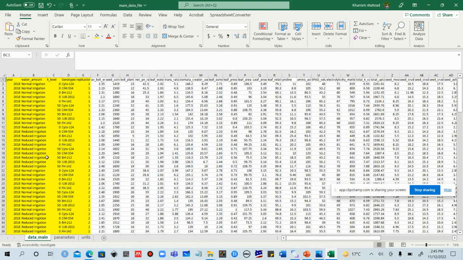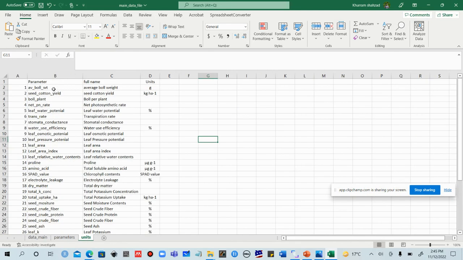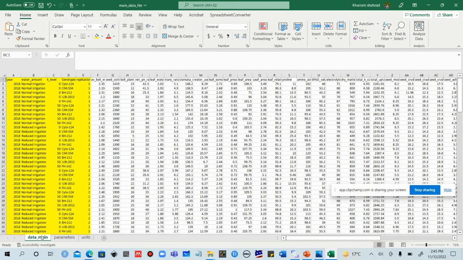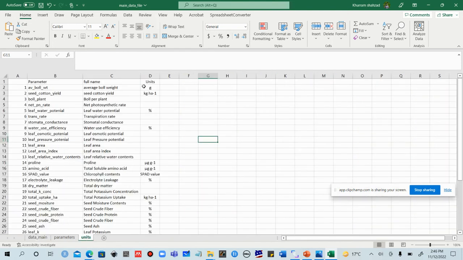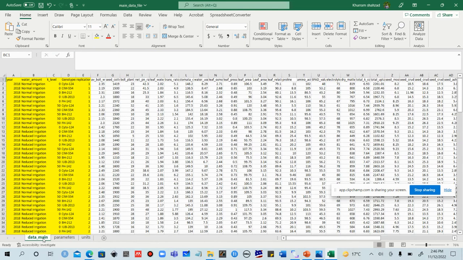The second step in data management is that you have to write down the unit of all parameters: average boll weight in grams, seed cotton per gram. You have to write the unit of all parameters, so you have to make one such sheet, and you have to make other units, whichever units you want in a statistics table and in your graphic.